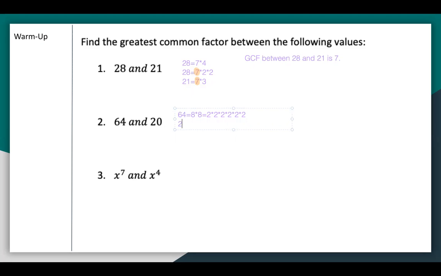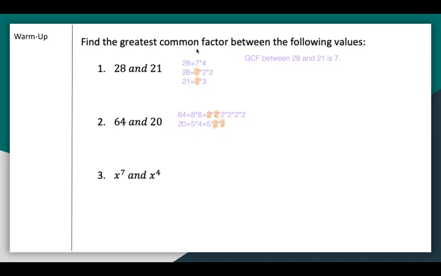And let's do the same thing with 20. 20 is 5 times 4. Again, I can break down 4 to be 2 times 2, so 20 is 5 times 2 times 2. And now again, we can look at these two prime factorizations and see what numbers we have in common. I can see I have one pair of 2's in common, and I have another pair of 2's.